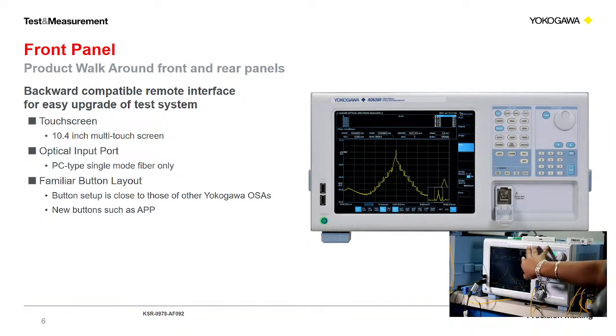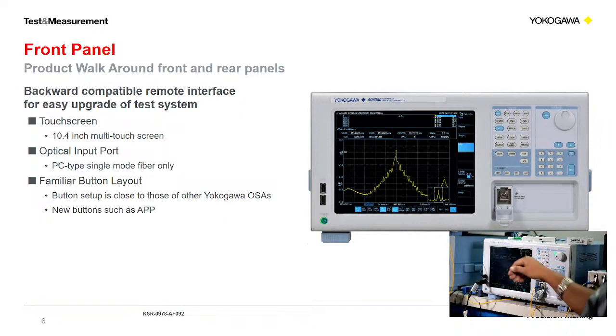You still have the buttons right here, but you can easily go through and change your settings such as sensitivity, resolution, your start, stop, simple things like that. Pretty much everything the buttons used to do on the other models, such as the AQ6370, you can do from the touch screen now.